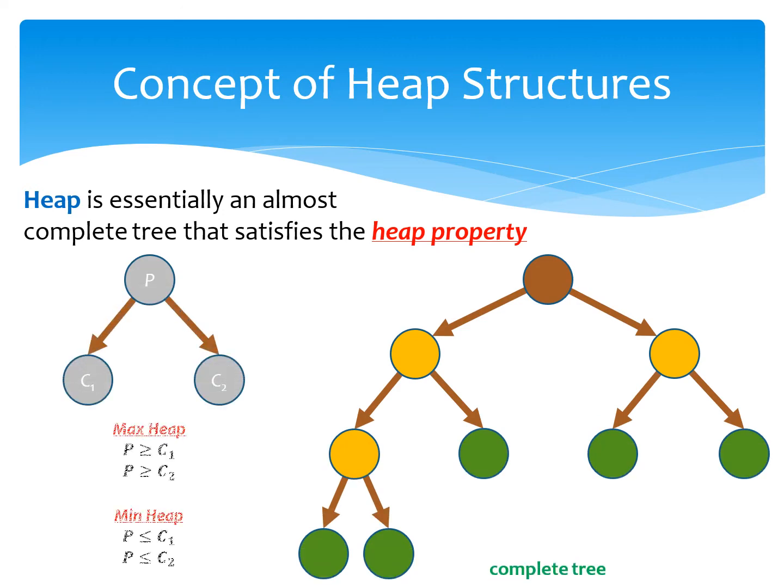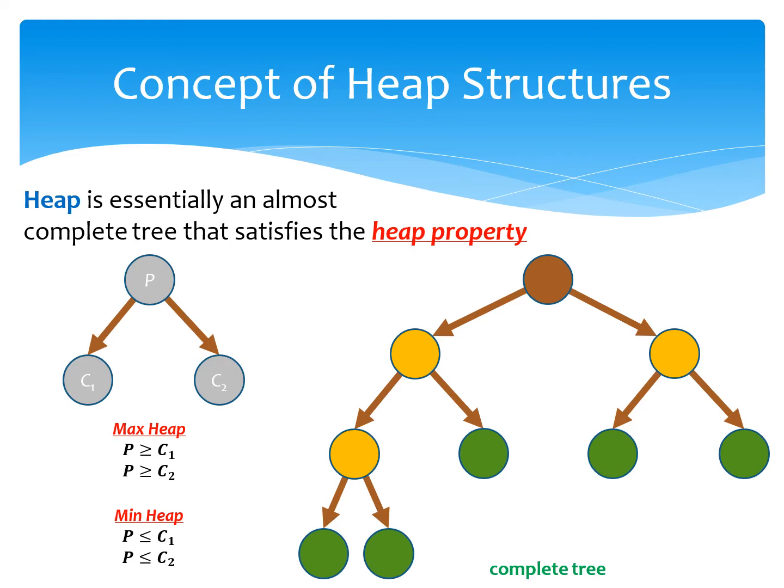Heap structure is a tree-based structure, which organizes data in a way that satisfies heap property as a complete tree. Heap property, such as max heap and min heap, makes a heap tree partially ordered.